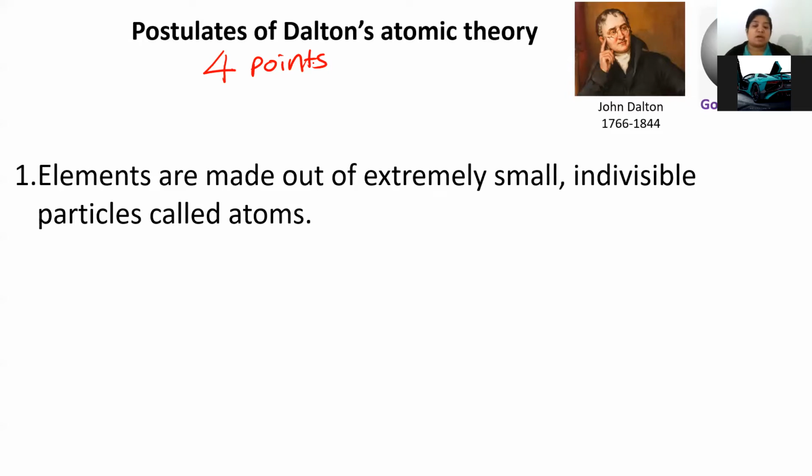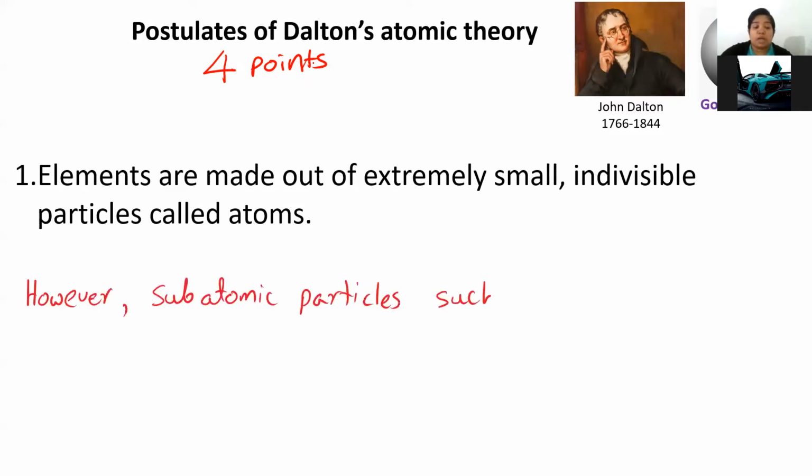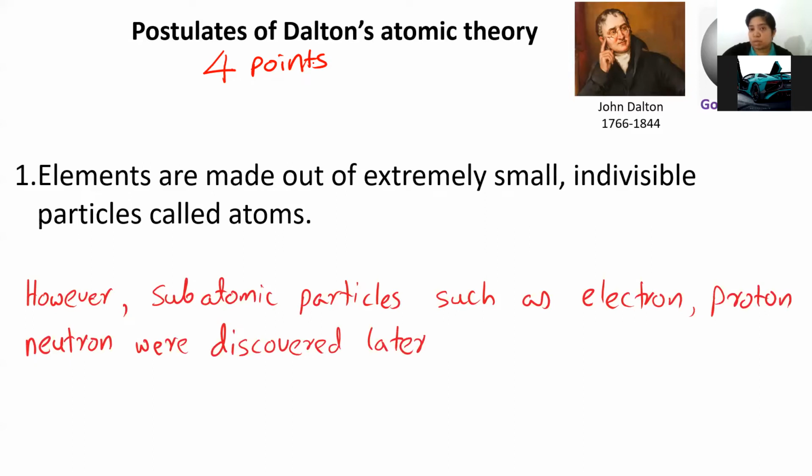So he came back to Democritus' idea about the atom. But by now we know that there are subatomic particles like electrons, protons, and neutrons. So by now, his first point has gone wrong. But back then, it was a huge thing to come back to this indivisible particle and call it an atom.